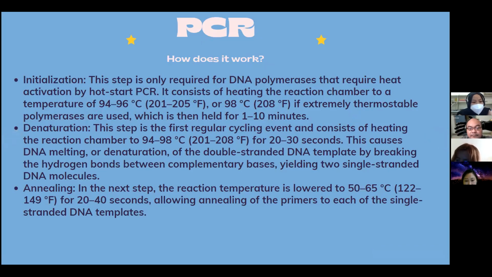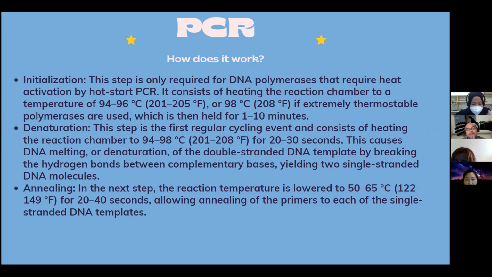Second is denaturation. This step is the first regular cycling event and consists of heating the reaction chamber to 95 until 98 Celsius for 20 until 30 seconds. This causes DNA melting and or denaturation of the double-stranded DNA template by breaking the hydrogen bonds between complementary bases, yielding two single-strand DNA molecules.